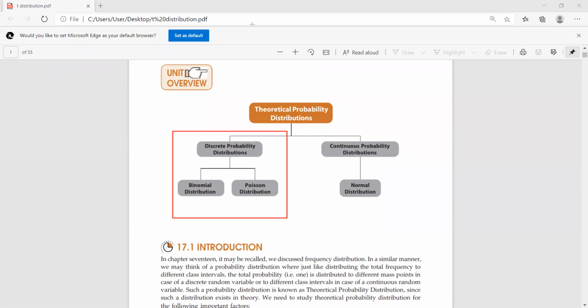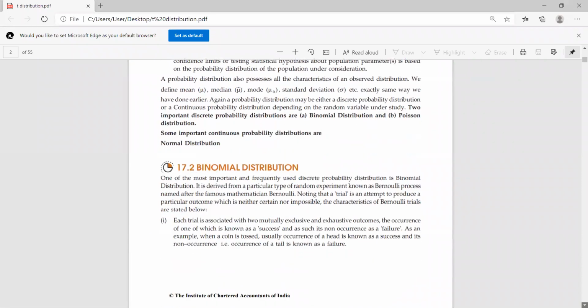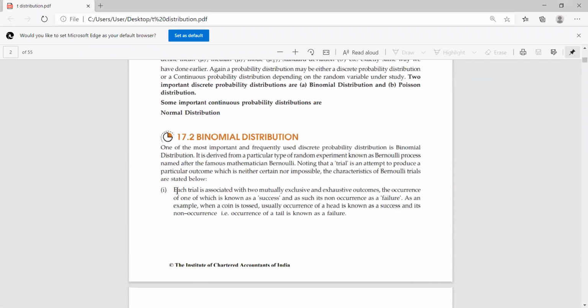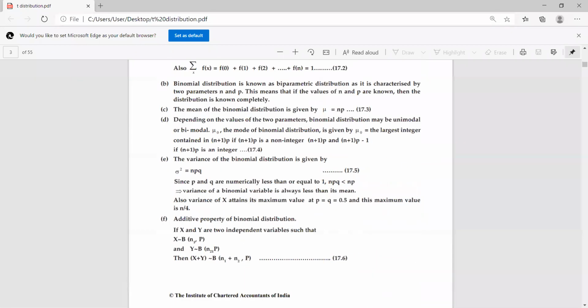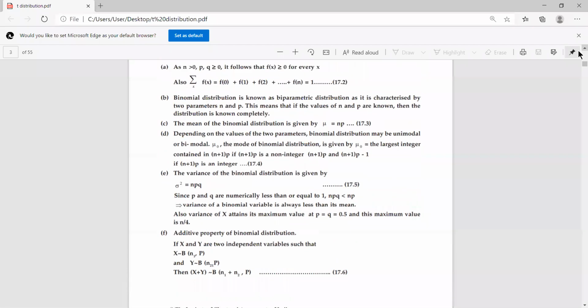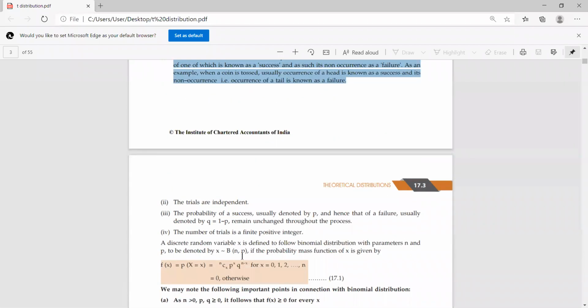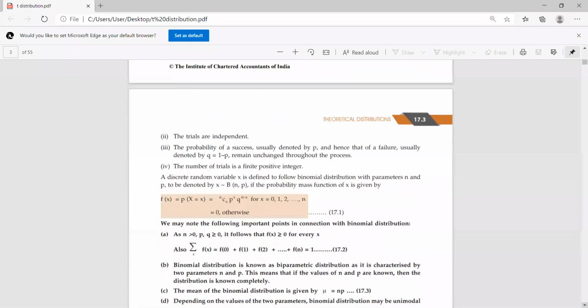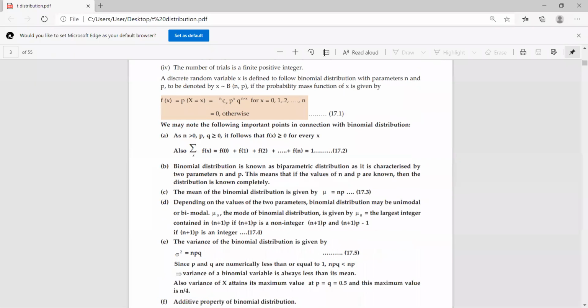Let me tell you what things you need to read once. In the theory of binomial distribution, point number 1 has already been explained to you, and points 2 and 3 and the function, we have done all these things.